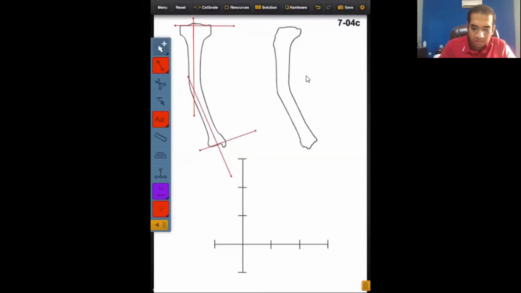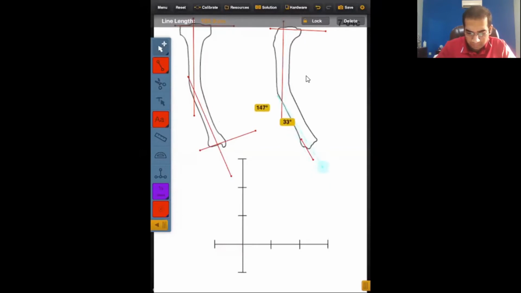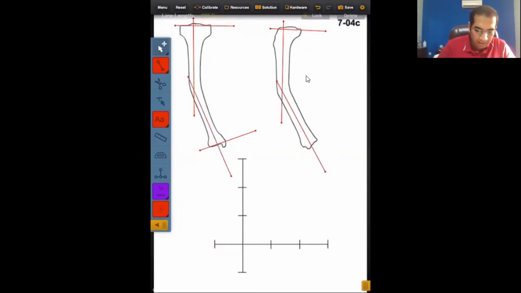Again, I'm not planning this exactly. I'm just giving you a rough idea. So it's 29 degrees in one plane and 23 degrees in the other plane.